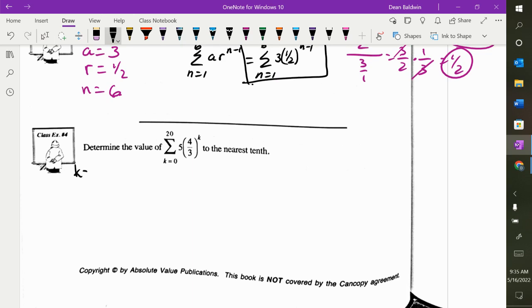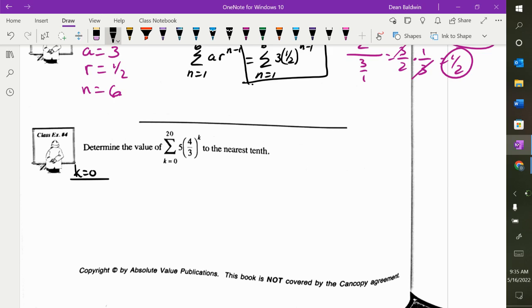So at k is equal to 0, what do I get? What's anything to the 0 power? 1. So what am I left with? 5, right?